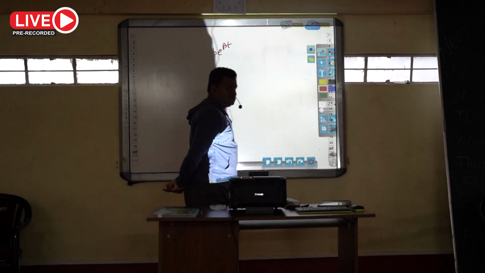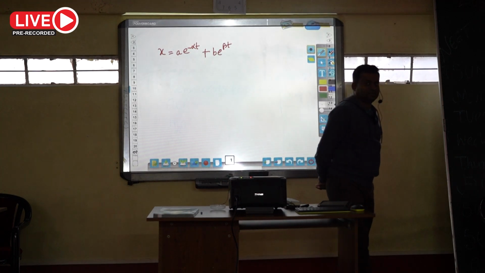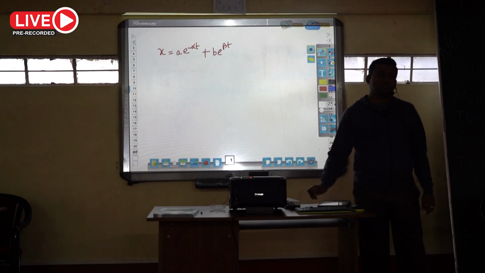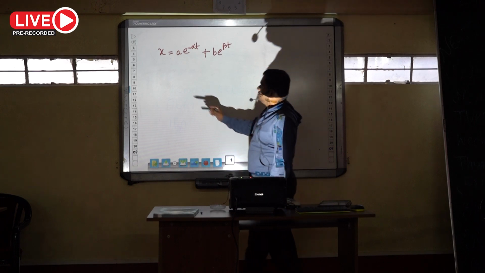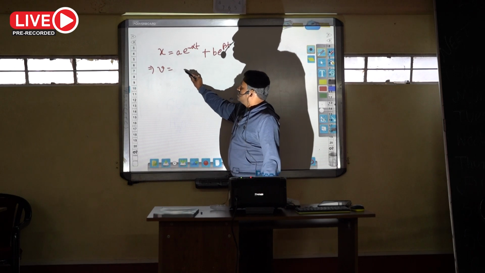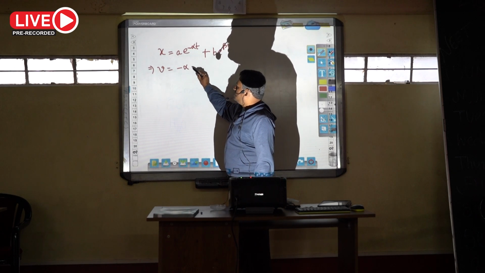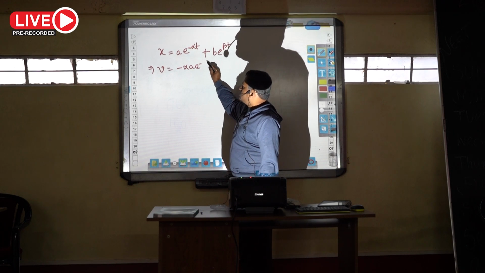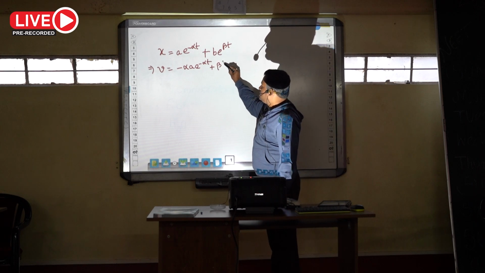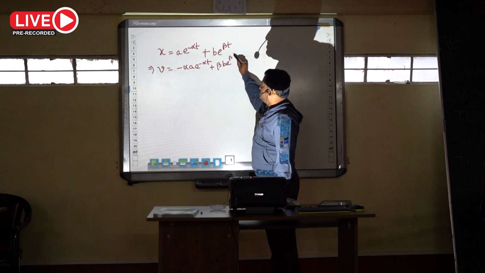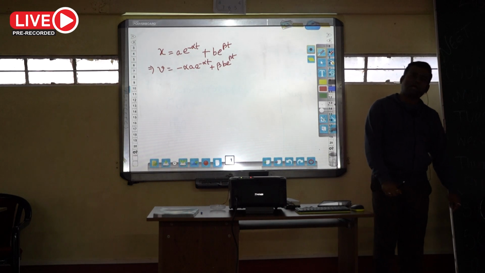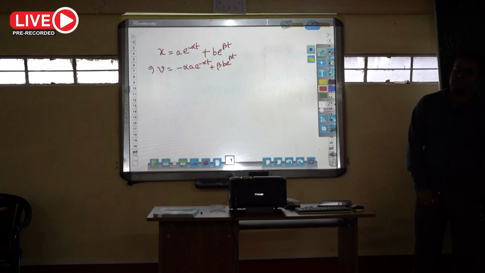First calculate V, taking a derivative of this equation. V means dx dt, so it will be minus alpha a e to the power minus alpha t plus beta b e to the power beta t. Okay, now is it independent of alpha beta? No, so option B is not correct.